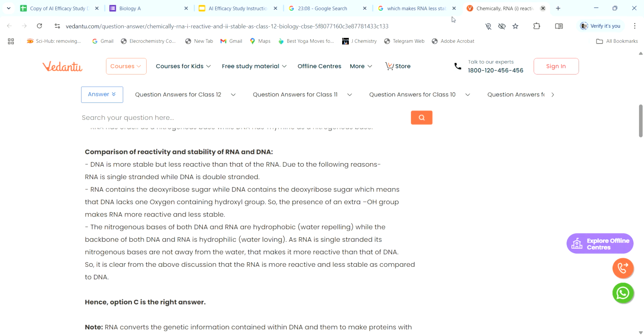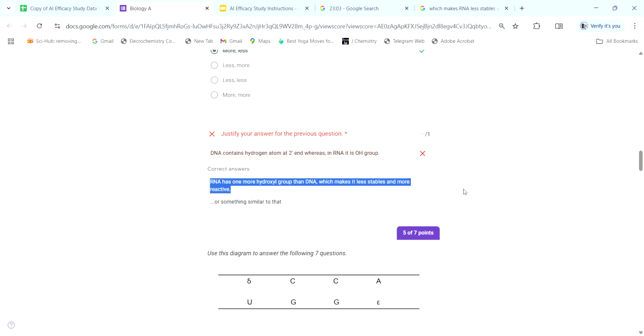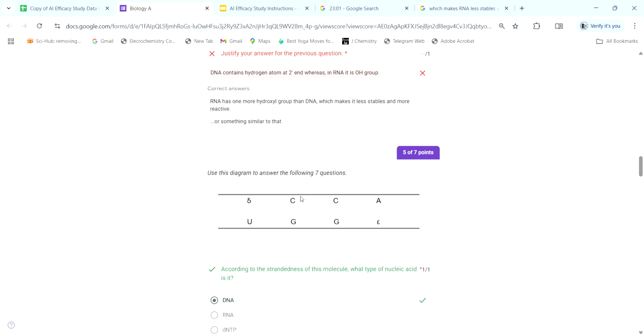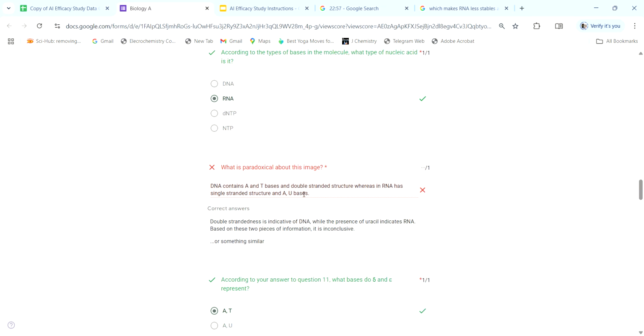So good point. The next wrongly answered question is the paradoxical one. So it says that DNA double-stranded, this is also almost a correct answer. Double-strandedness is indicative of DNA, while the presence of uracil indicates RNA.